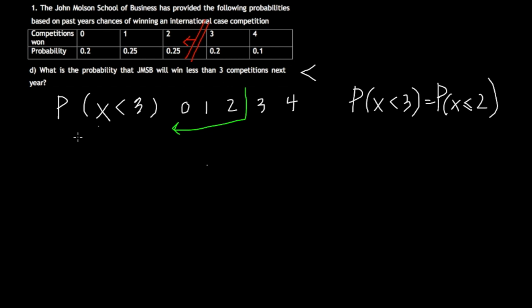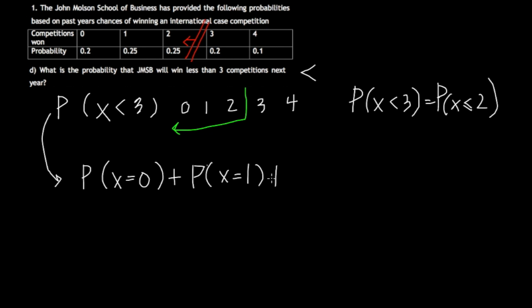So the probability of x being less than 3 is equal to the probability of x equals 0, plus the probability of x equals 1, plus the probability of x equals 2. So let's take a look.